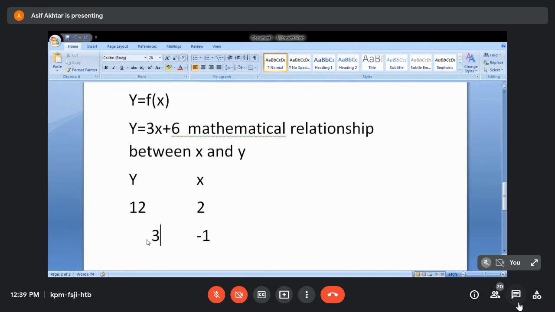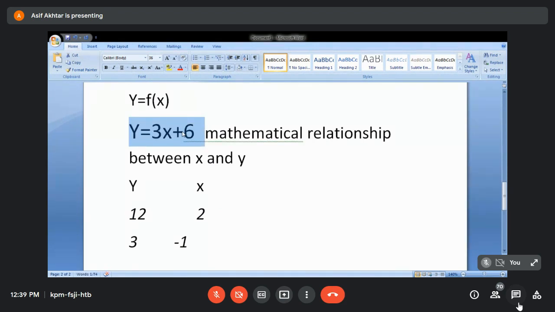Yes, this is what I'm telling you, that you are putting the value of x and you are getting the value of y. That is why x is considered to be the independent variable and y is considered to be the dependent variable, and the mathematical relationship between them is y equal to 3x plus 6. This relationship we call a mathematical expression, a mathematical relation, a function.